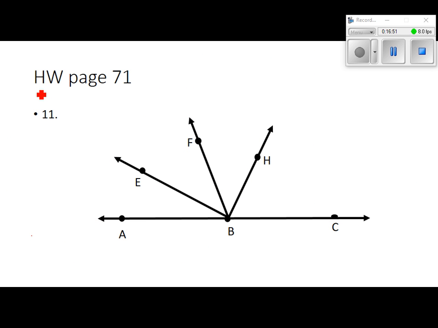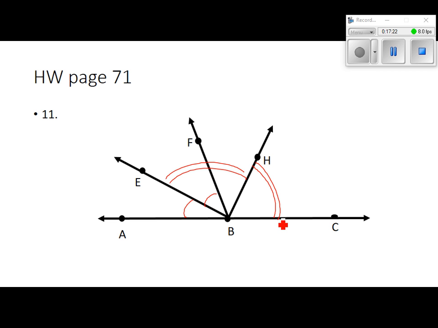Number 11. What do they tell us on number 11? Same setup, so let me do this first. This angle's the same as that angle, right? And this angle is the same as that angle. So they tell us all that information back up in the directions. What else did they tell us? The measure of angle EBC.